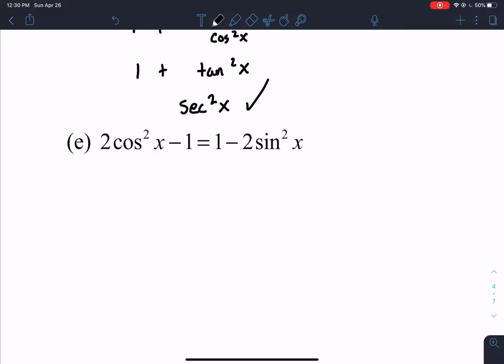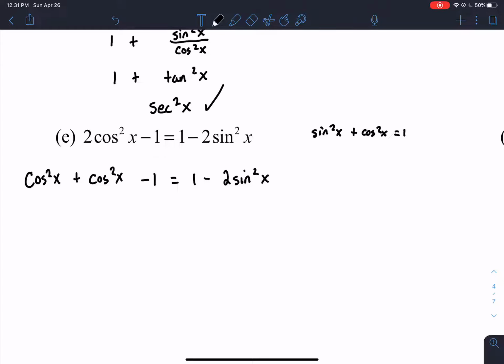All right, so if we do sine squared plus cosine squared, we know that that's 1. All right, now if I subtracted the 1 over, and then subtracted the sine over, right? This is going to give me cosine squared minus 1 equals negative sine squared, right?